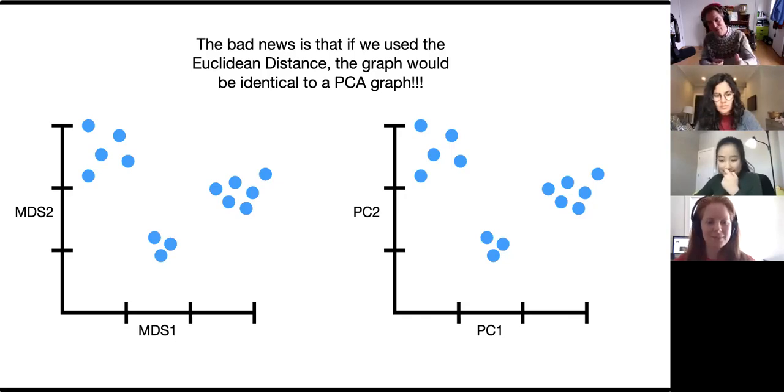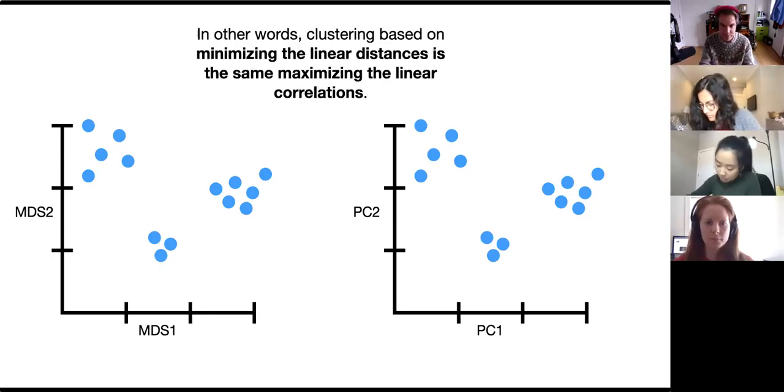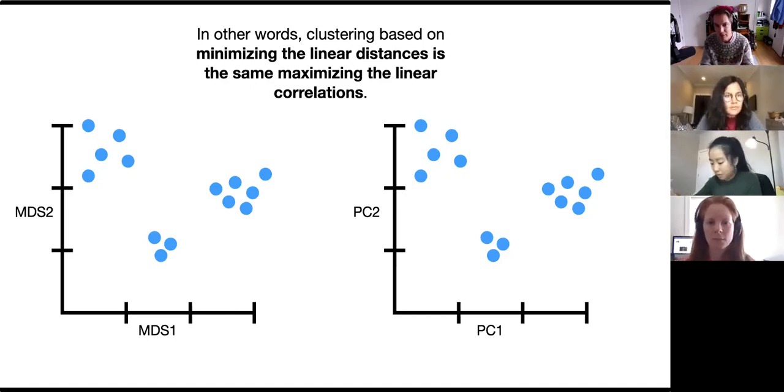We did it with singular value decomposition, we looked at it using covariances and correlations, and now we've done it again with multidimensional scaling, using the Euclidean distance as our way of measuring distance. In other words, clustering based on minimizing the linear distances is the same as maximizing the linear correlations, or fitting that line so that we maximize the distances between the projected points and the origin.